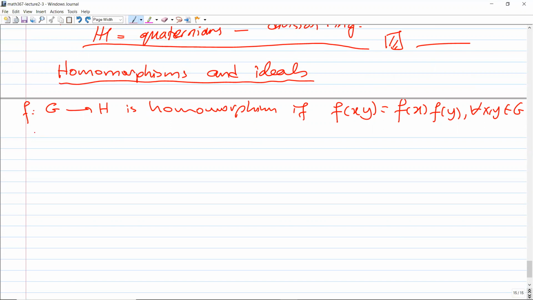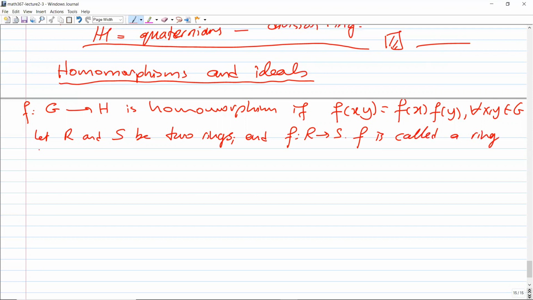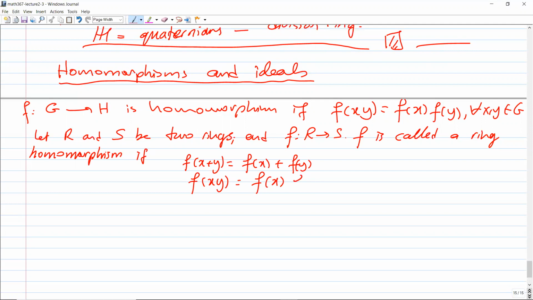So let R and S be two rings, and f from R to S be a function. f is called a ring homomorphism, or just a homomorphism, if it preserves these operations, namely f of x plus y is f of x plus f of y, and f of xy is equal to f of x times f of y, for all x, y in R.